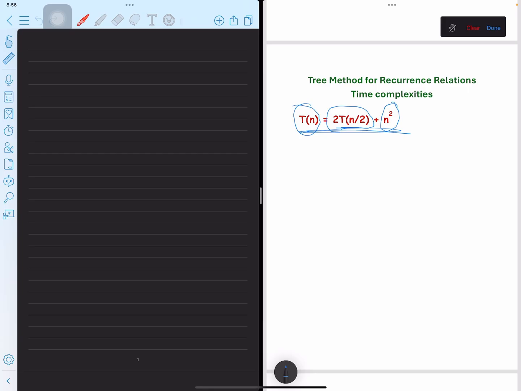All right. So now what we're going to do is take T(n), which gives us 2T(n/2) + n squared.